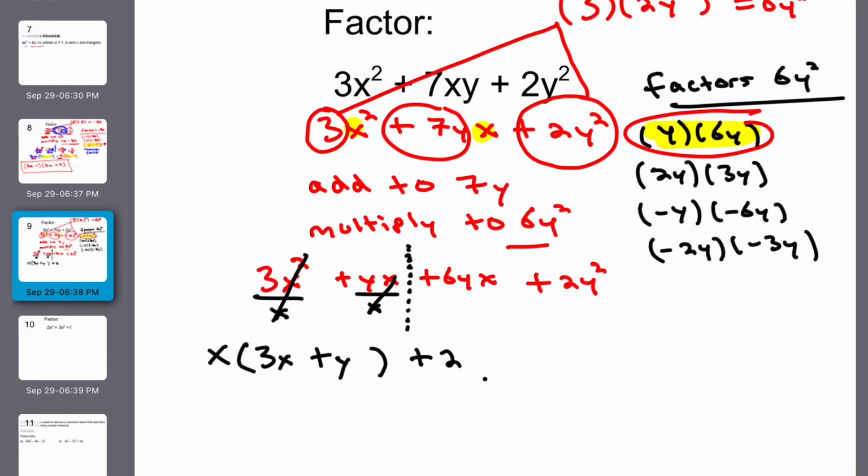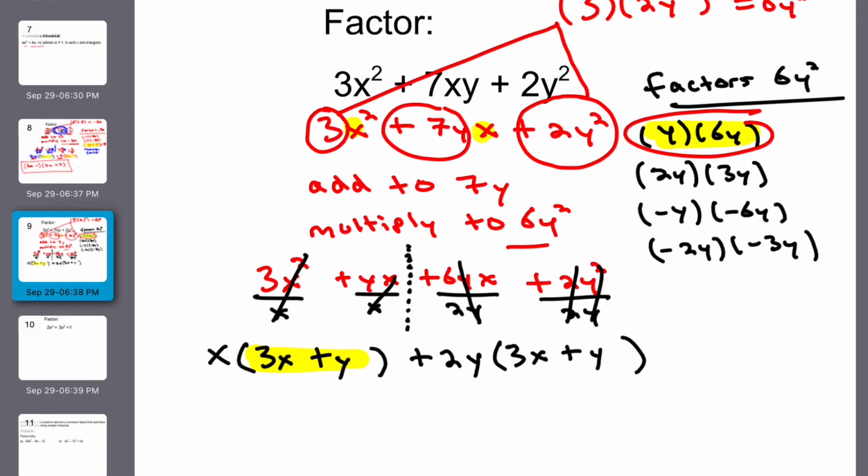We can take out 1y, and that is also all we can do on that side. So if we're correct, our right bracket should be exactly the same as 3x plus y. Let's just check those. So if we do this divided by 2y, this divided by 2y, we can cancel out the y's. 6 divided by 2 is 3, and then x. So far, so good. And on the right, cancel out the 2's, cancel out one of the y's, we're left with plus y. Perfect.